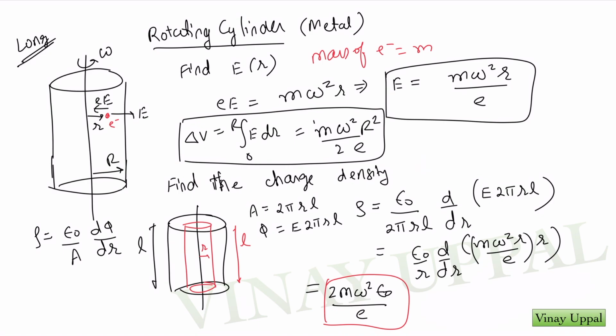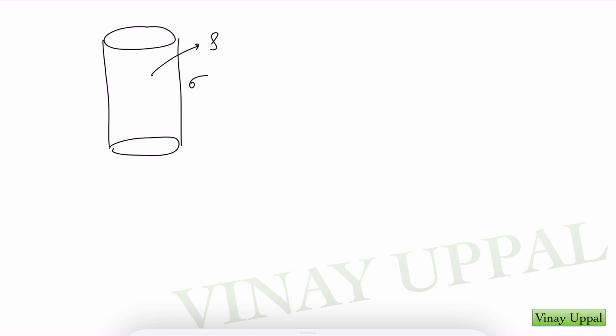So let's take a look at that. Let's say the charge density on the outer surface is sigma, and we already know that inside the bulk the volume charge density is a constant. We already found that out.